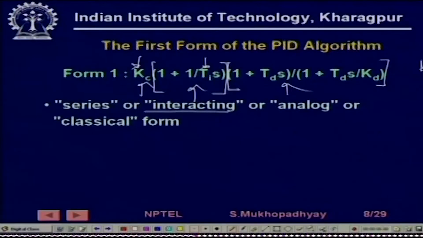If you change Ti also they will change, if you change Td also they will change, and then all of them will change. So, you see that they interact, that is, you cannot change them independently unless you do it very carefully by actually solving equations. If you just change Ti, it is not just that the integral time is going to change, the derivative time will also change and the proportional gain will also change. So, the changes are interacting with one another, and that is why it is called an interacting controller.